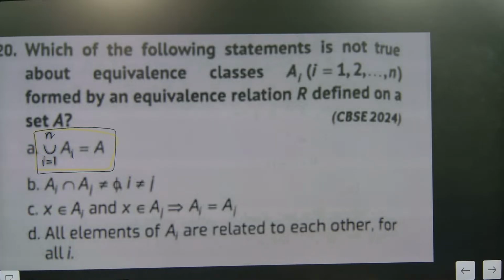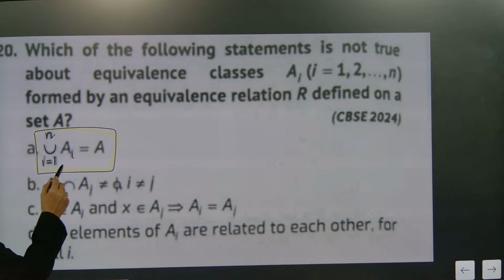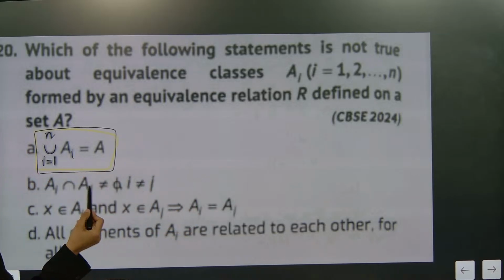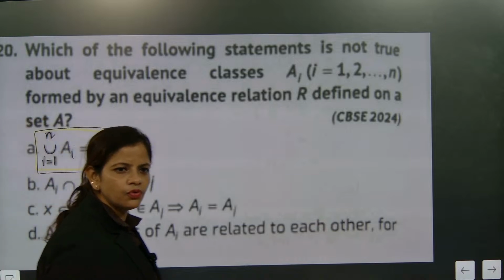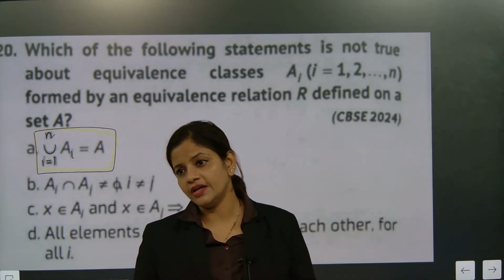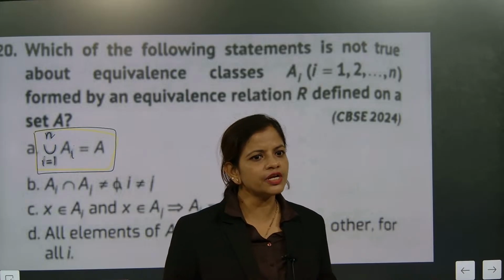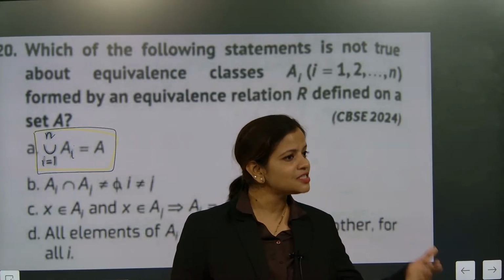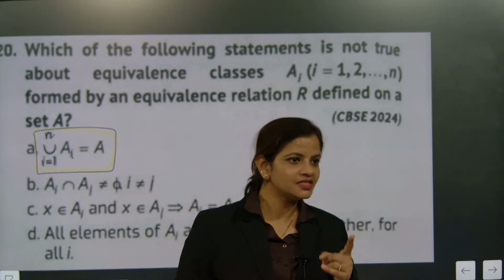Correct? They are telling the union. Are you understanding? Whatever subsets are there, A1, A2, A3, A4, they will all combine to make A. Is it a true statement or not? Correct only, no? The subsets are always a part of the set.